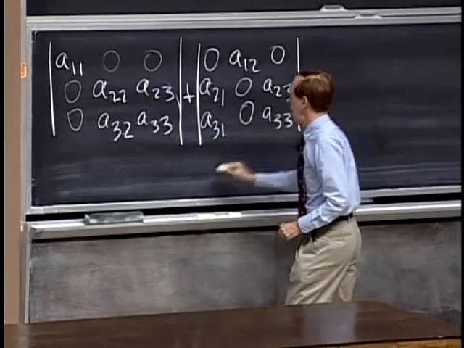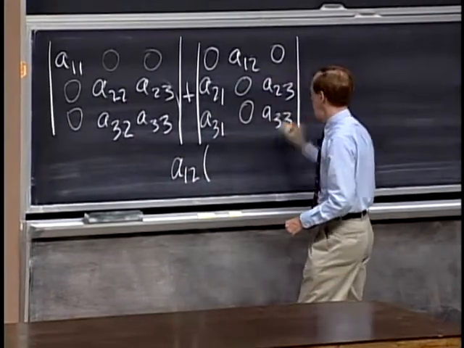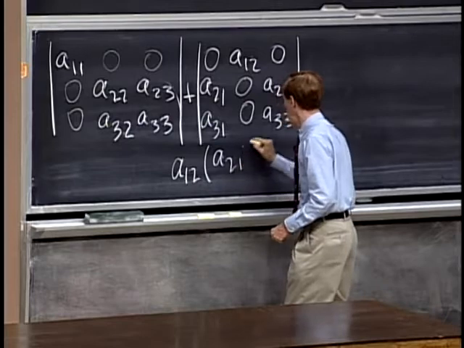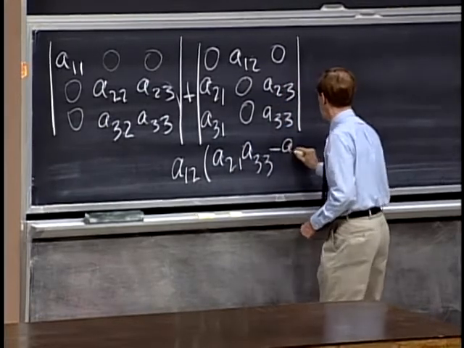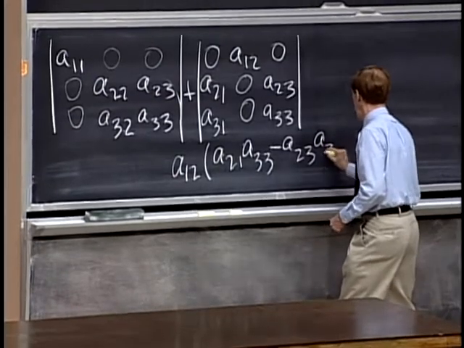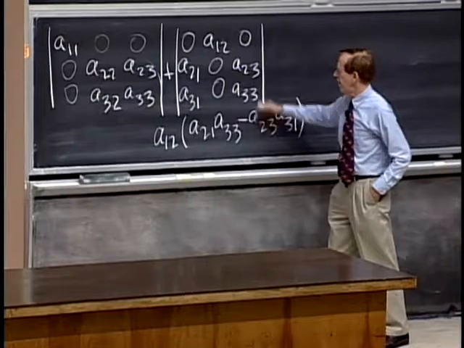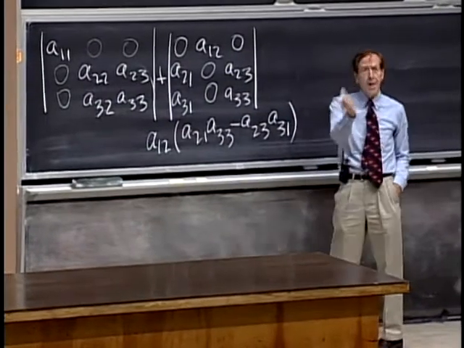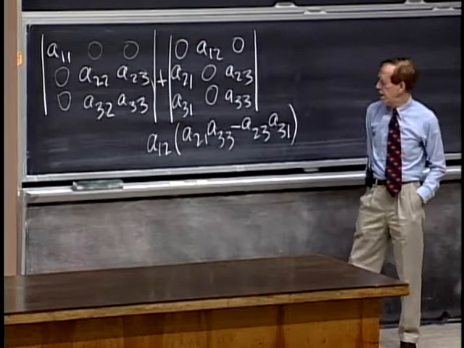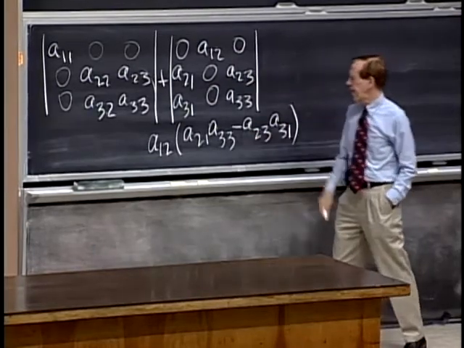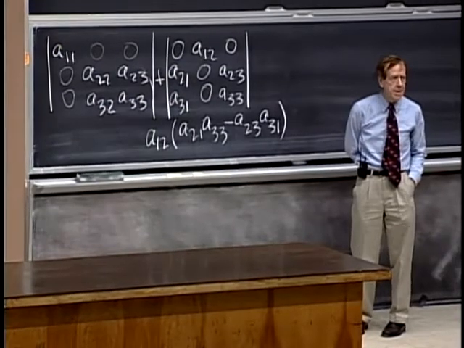This will give me A12 times this determinant, A21, A33, minus A23, A31. So that's all the stuff involving A12, but have I got the sign right? Is the determinant of that correctly given by that, or is there a minus sign? There is a minus sign.